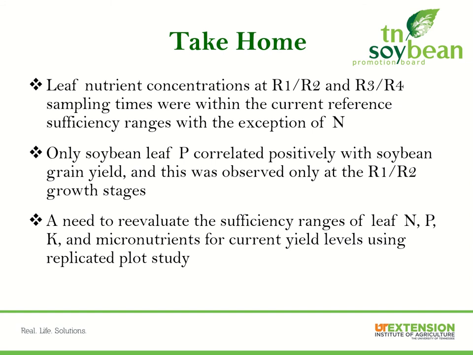We also realized that only soybean leaf P correlated positively with soybean grain yield, and it was only observed between the R1 and R2 growth stages. Looking at all of this, we realized that there's a need to reevaluate the sufficiency ranges for leaf N, P, K, and micronutrients for the current yield levels using a replicated plot study.